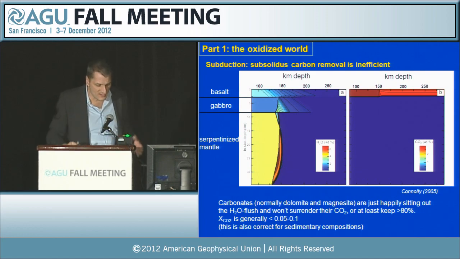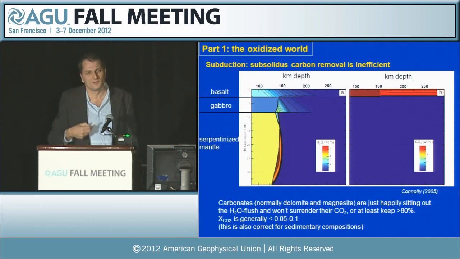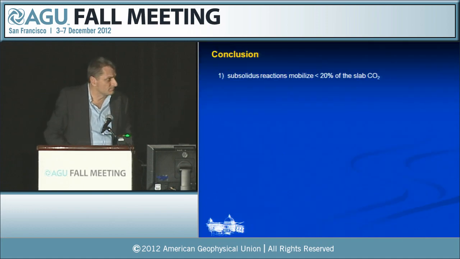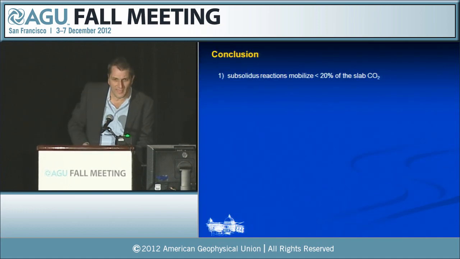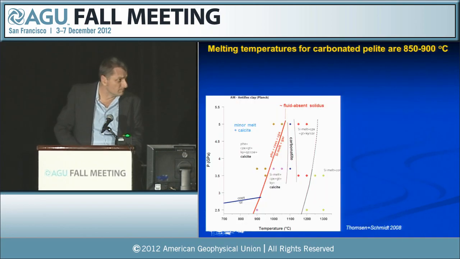So metamorphic reactions do not remove CO2. And the reason for this is a very simple one. The higher you go in pressure, the lower the XCO2 is in the fluid. And typically you have like 5 to 10 mole% of CO2 in the fluid. So conclusion number one, subsolidus reactions mobilize less than 20% of the CO2.